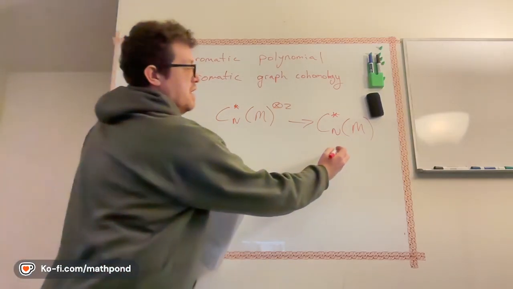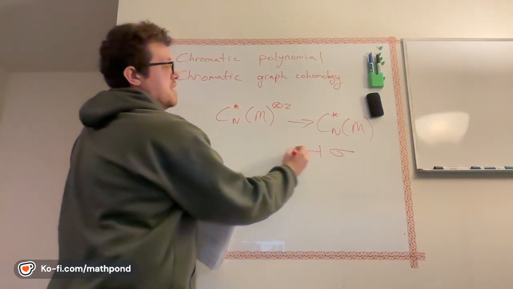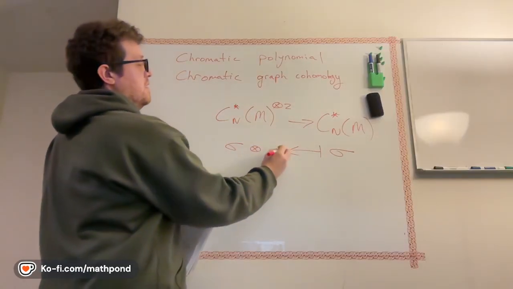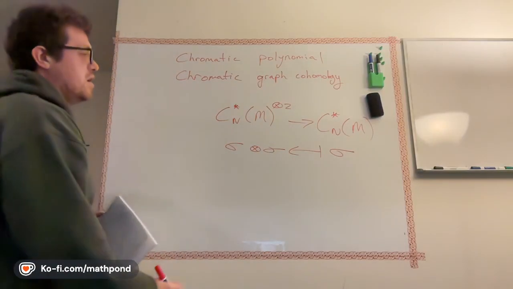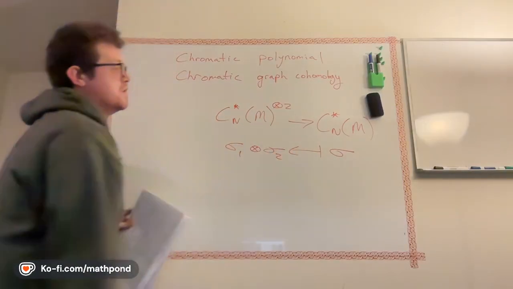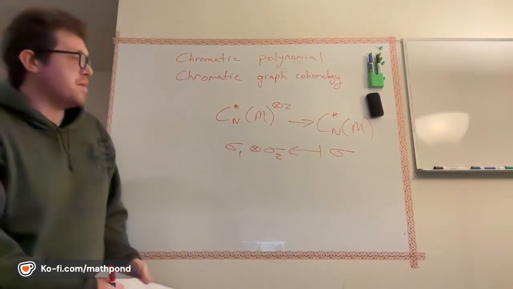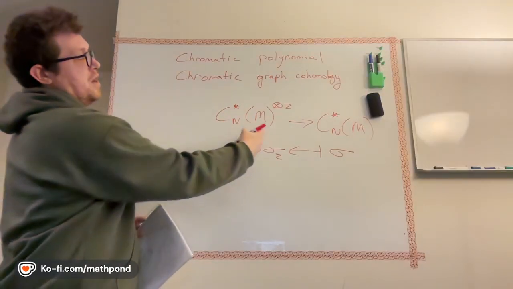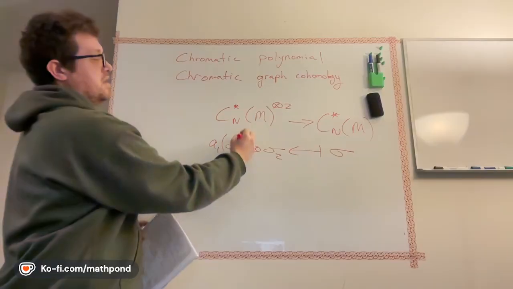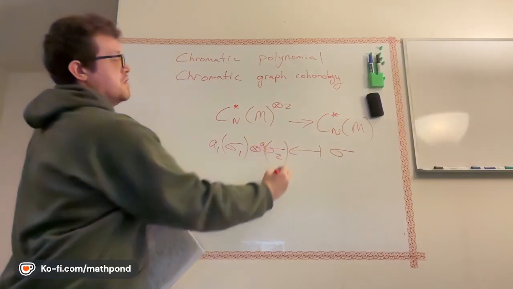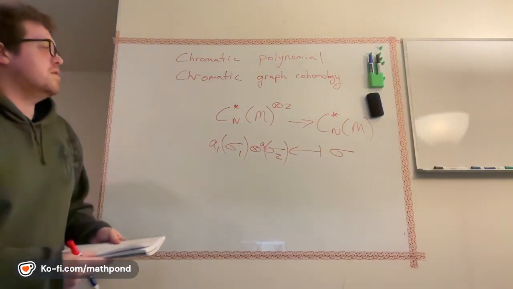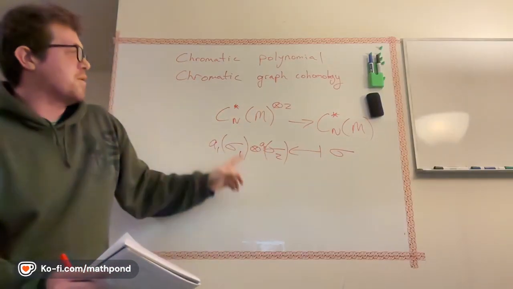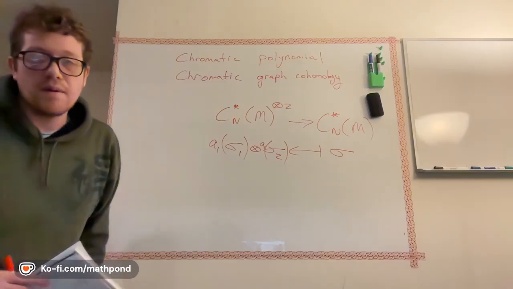So you take some sigma, you send it backwards, you get sigma tensor sigma, well, sigma 1 tensor sigma 2. You split it using the Alexander-Whitney map, and then you have two cochains, so you apply the first one to sigma 1, and you apply the second one to sigma 2. Because these are the duals, you want to map backwards, because that gives you the product going the other way.